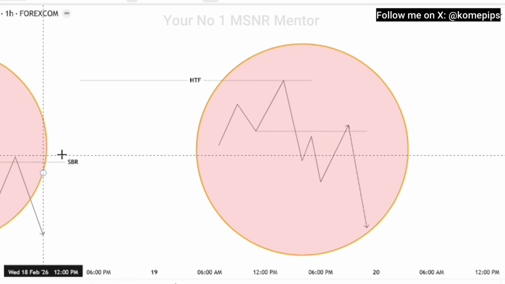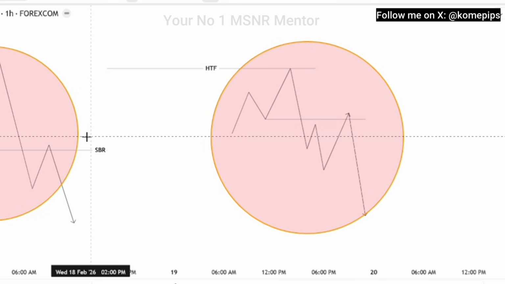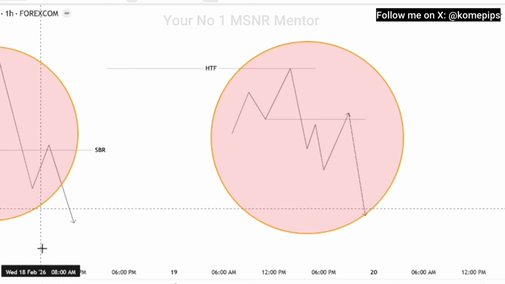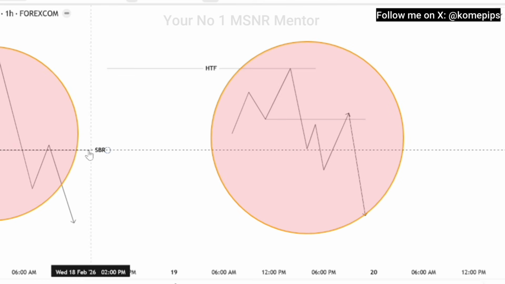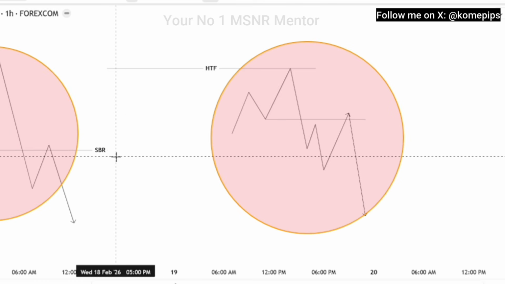So let me show you how you can apply this before we go to the real chart. There are different ways you can apply the RBS and SBR in Malaysian support and resistance trading. One of the most important things you need to pay attention to is the higher time frame narrative. Once you are able to identify this on the higher time frame, it has a higher probability of playing out.